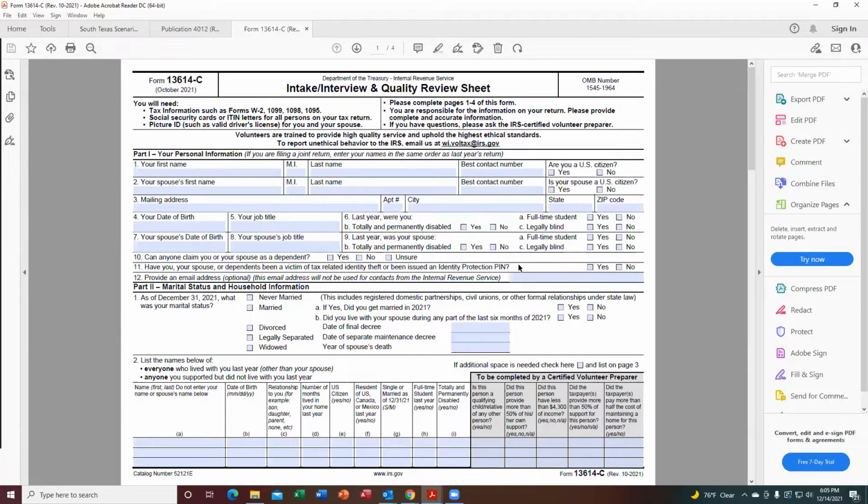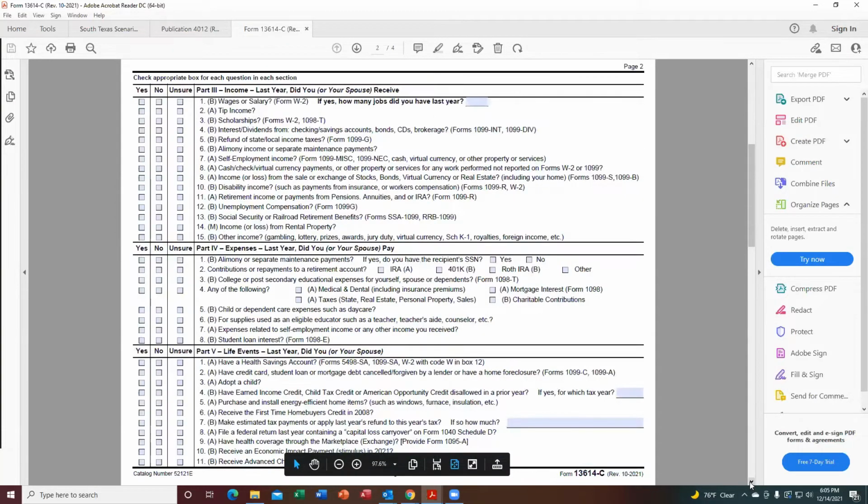Those are the timeframes when the IRS will send letters. We cannot use letters that were received from a previous year. The return will be automatically rejected. So it's important that if you see yes, there must be a letter that gives us the identity PIN that we're supposed to insert into the software.